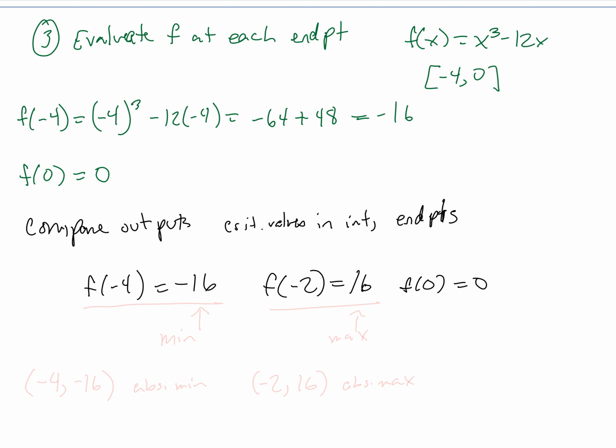So out of all these possibilities, negative 16 is the smallest output, so this is our minimum. Positive 16 is our largest output, so this is our max, and therefore the point negative 4 comma negative 16 is the absolute min over the interval, and negative 2 comma 16 is the absolute max over our interval, and we are done.